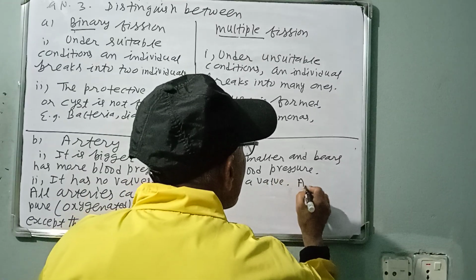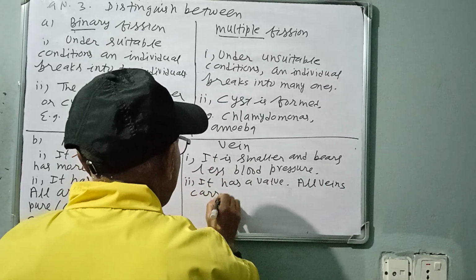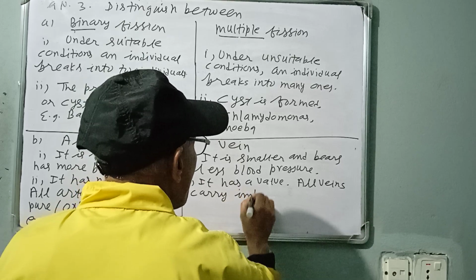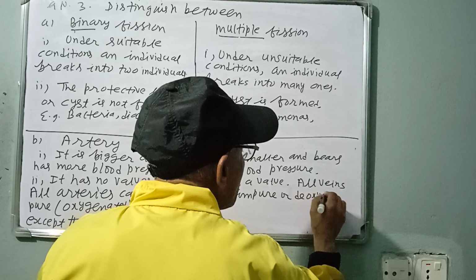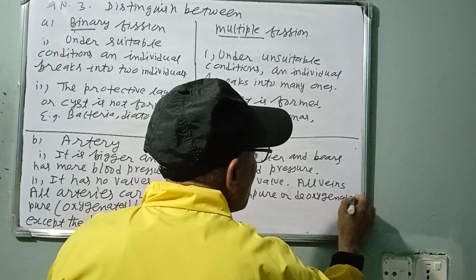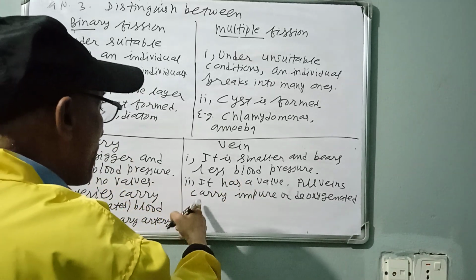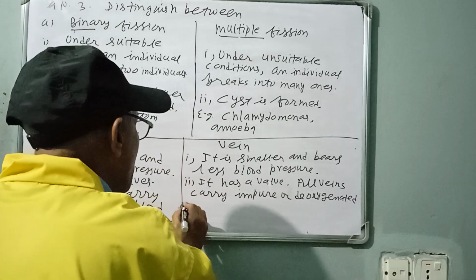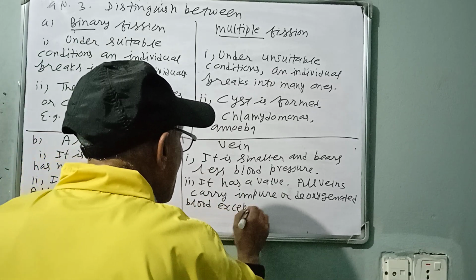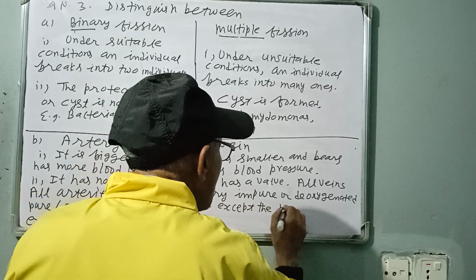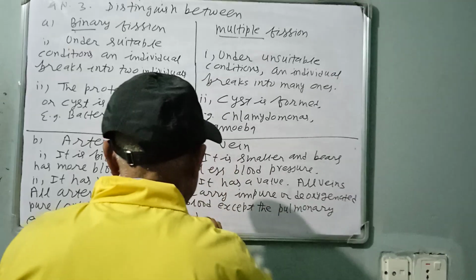Here, all veins carry what blood? Impure, or deoxygenated. Deoxygenated means no oxygen. All veins carry impure or deoxygenated blood except the pulmonary vein.